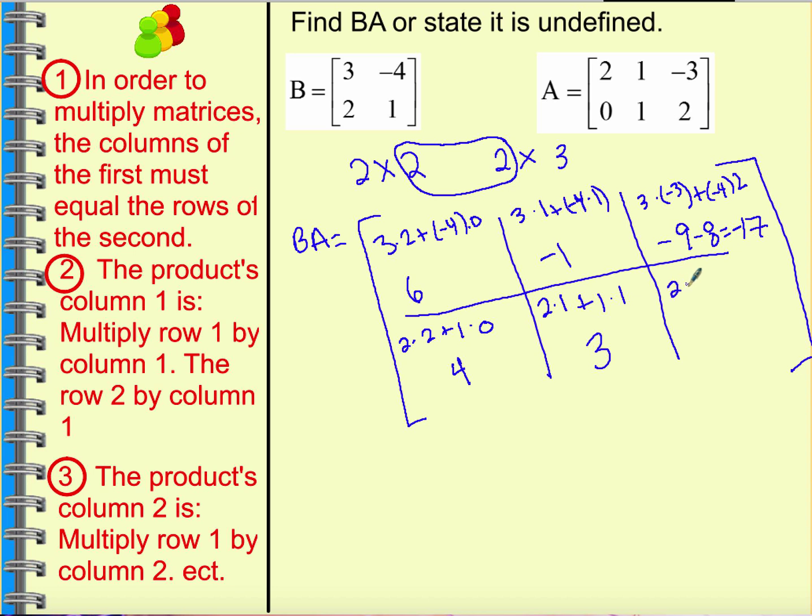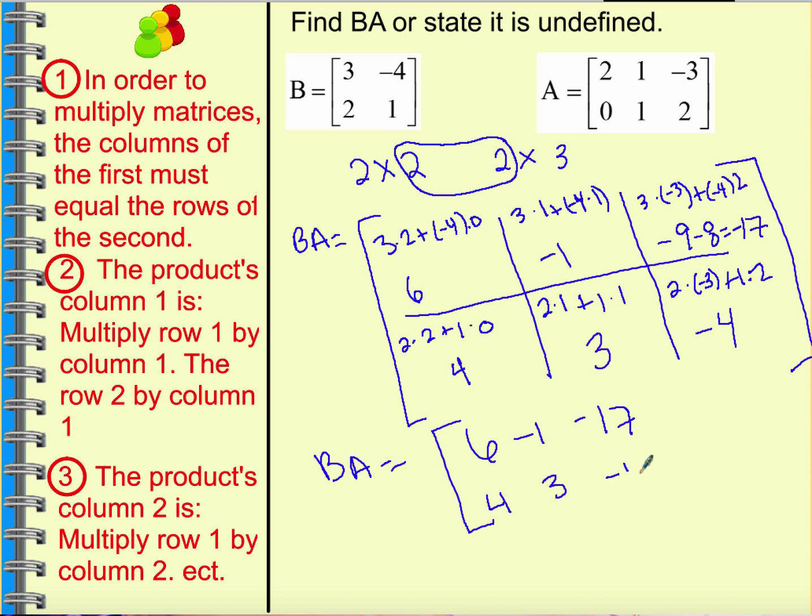And 2 times, I'm in the third column now, -3 plus 1 times 2. 2 times -3 is -6. -6 plus 2 is -4. All right, so BA is the matrix 6, -1, -17, 4, 3, -4.